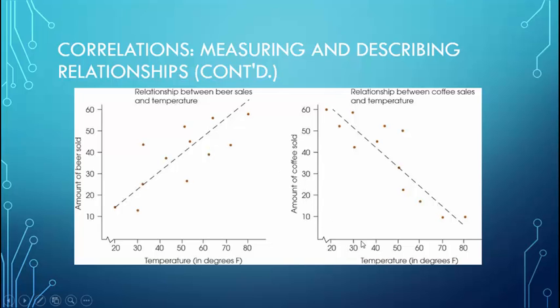So when we're very low on temperature, we're high on coffee sales. Many cups of coffee are sold. And when temperature gets higher, high on the temperature scale here, then less coffee is sold, right? So these two work in opposite directions. This is a negative correlation.